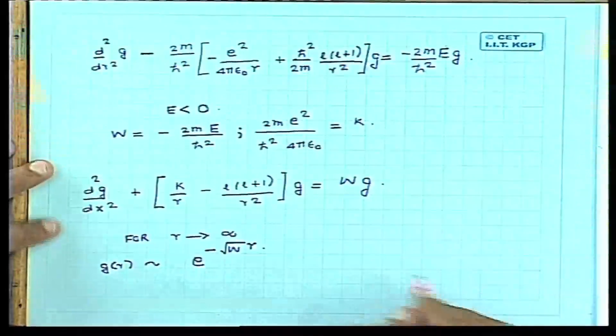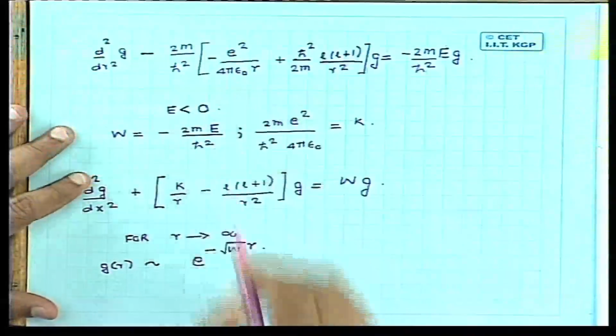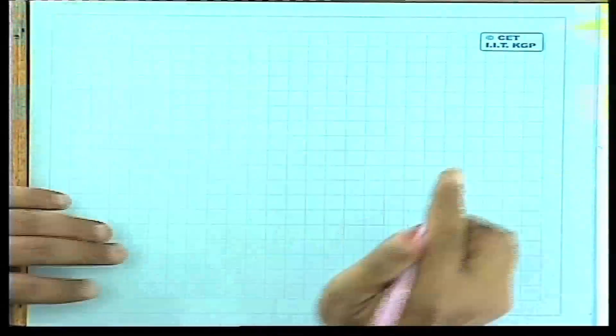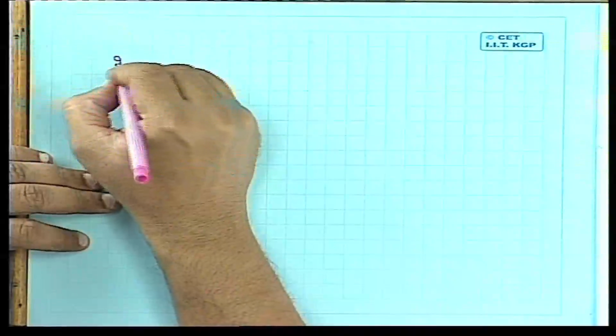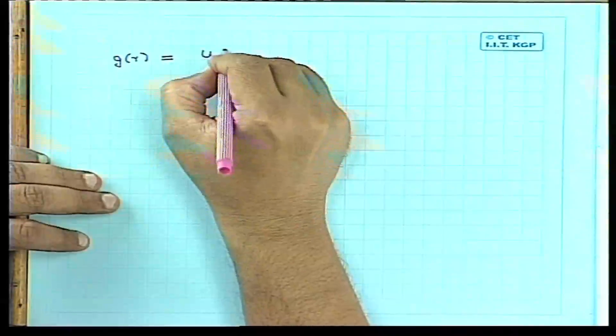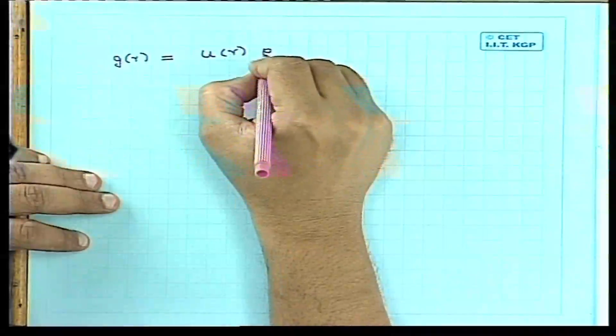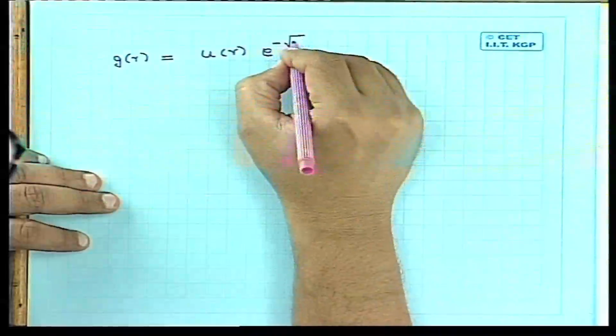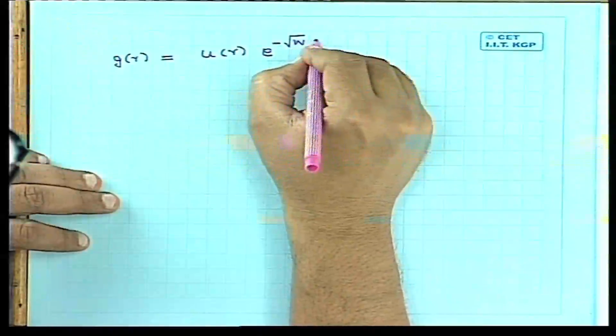So let us use this in this equation. So let us now look for a solution which looks like this. So let us express g of r as equal to some u of r into e to the power minus square root of W into r.